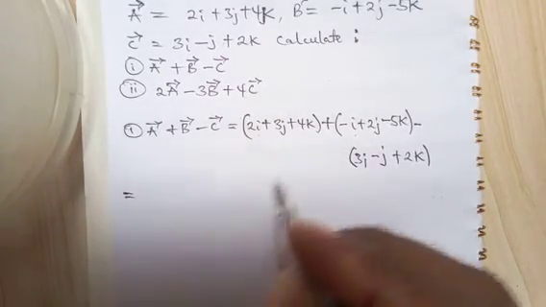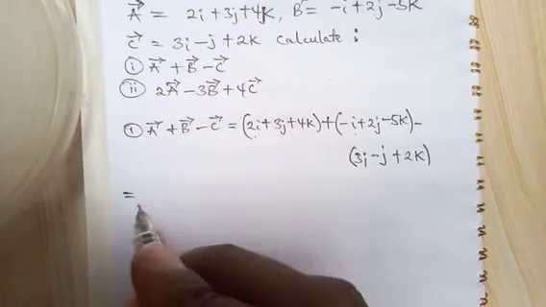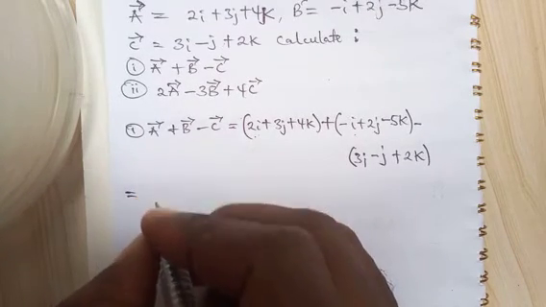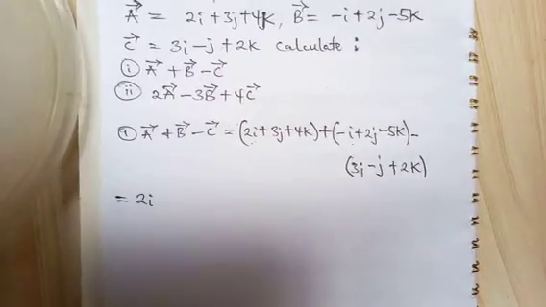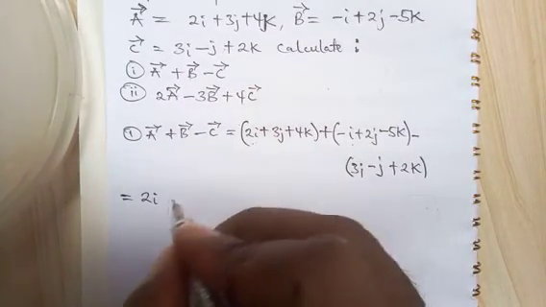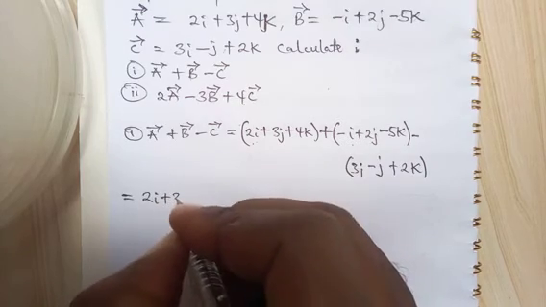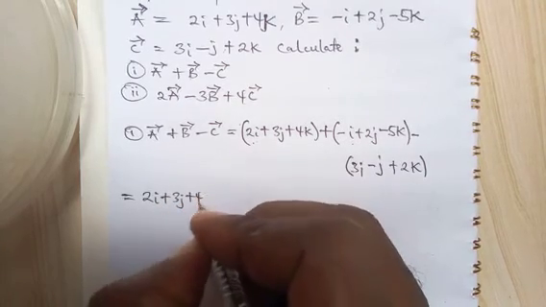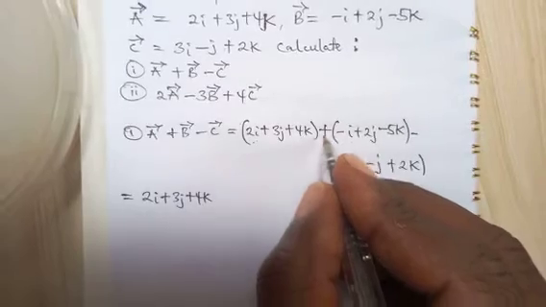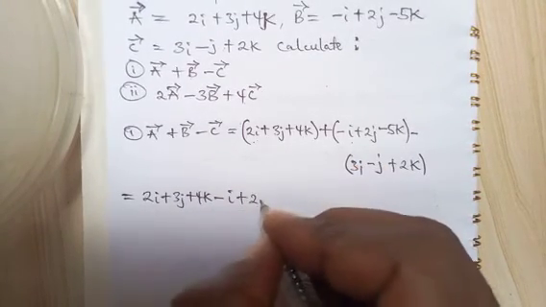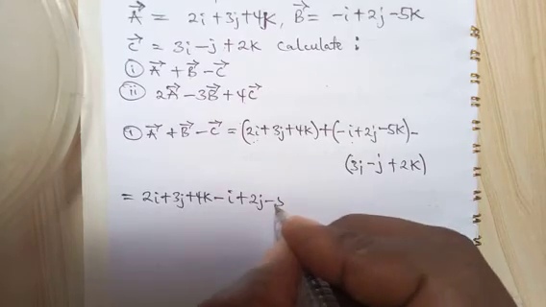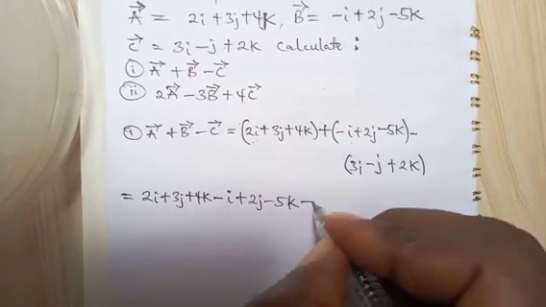So we have 2i plus 3j plus 4k, plus minus i plus 2j minus 5k, minus 3i.